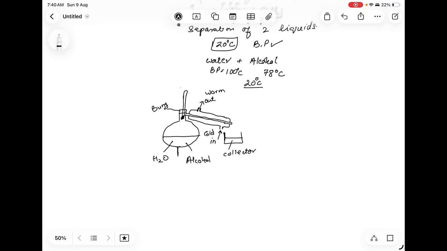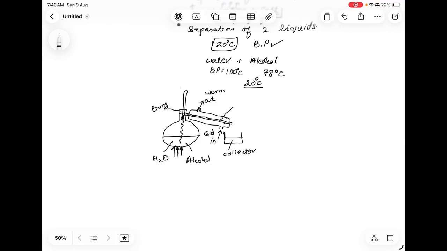Okay, now what happens is, first of all we heat this thing. The liquid which has a lower boiling point has its molecules gain a certain amount of energy, and they move up and enter the condenser.